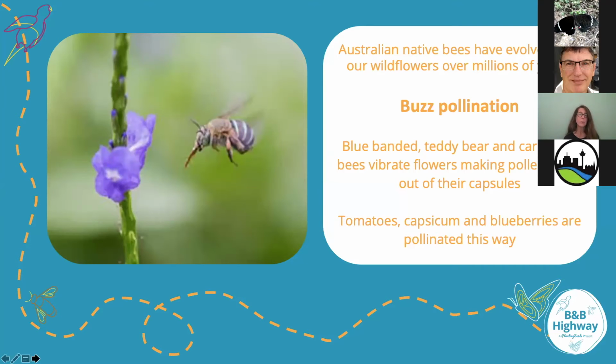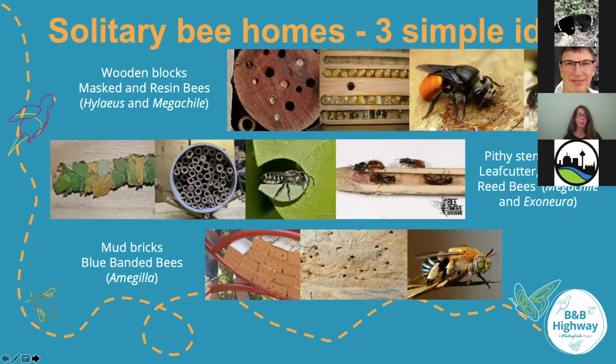So that tells me none of those foods were here before Australia was colonized. So amazingly, there's been an adaptation of some of our bees to the food sources that have come in and to gain that food for themselves.